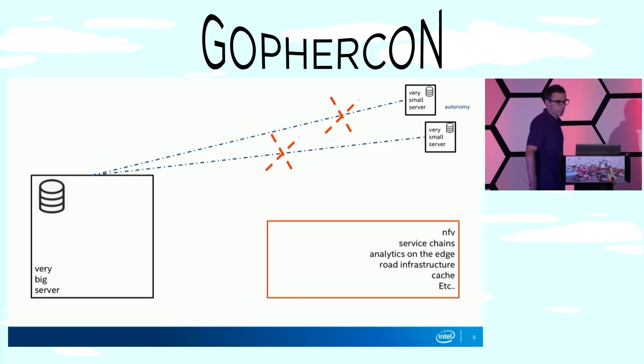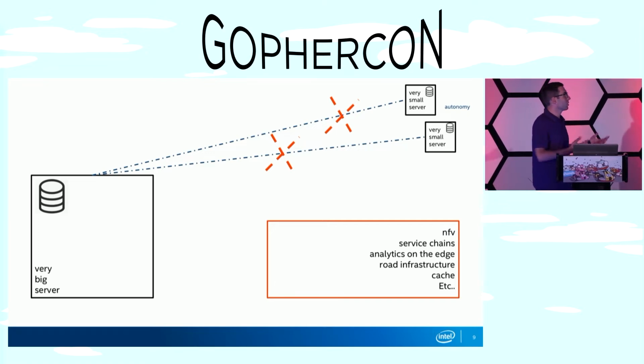Typical edge applications are network functions, service chains, analytics on the edge, and as we probably know, the very popular workload deployed by Netflix, the cache or CDN, living close to your houses.